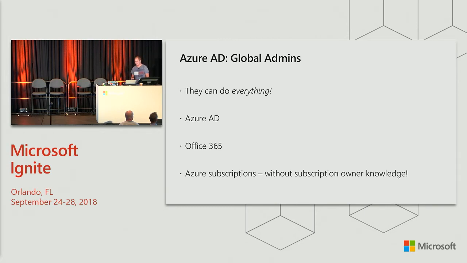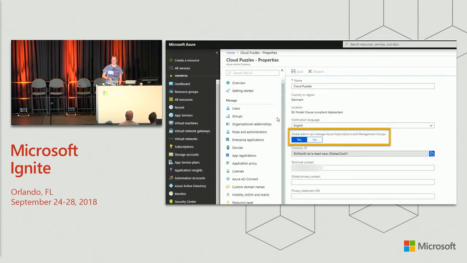Moving on, global admins, as I said, they can do everything. They can manage your Azure AD, all the users, reset passwords, Office 365, and Azure subscriptions. A lot of people don't know that they can manage Azure subscriptions, but there's a simple button in the directory that allows them to give themselves that right.